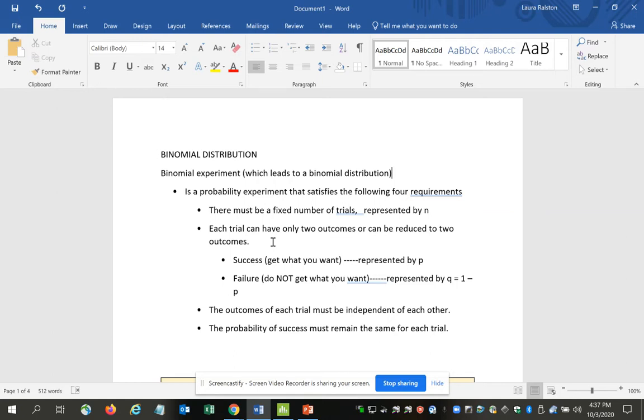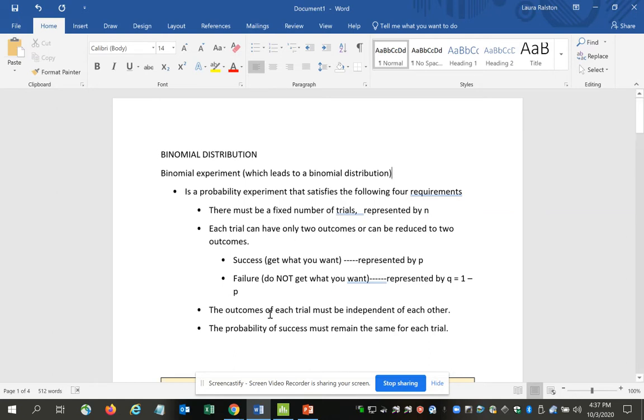There are multiple options there because you could roll a 1, a 2, a 3, a 4, or a 6, and that would be considered a failure. So a success is you get what you want. We represent that by the lowercase p. Failure is you do not get what you want, and it's represented by the letter q.